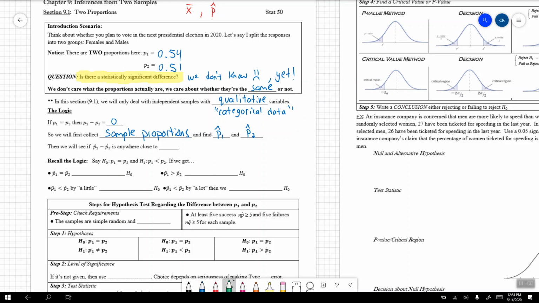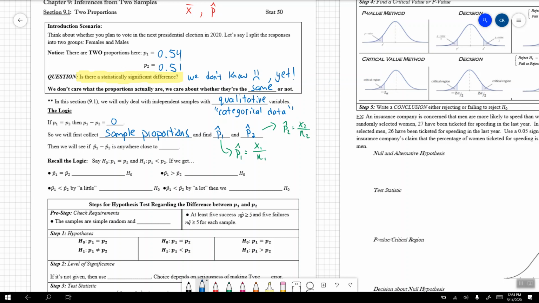So when I look at these sample proportions, by definition, p hat 1 is equal to the favorable outcomes in the first sample divided by how many were in that initial sample. P hat 2 is a proportion that had that favorable outcome out of all of the samples that we took.